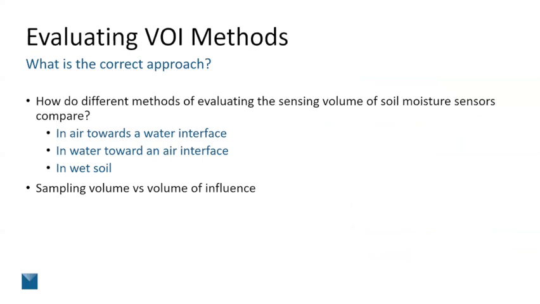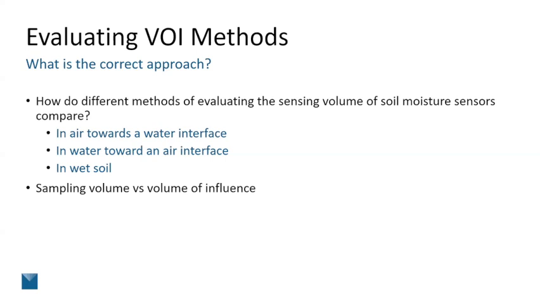We wanted to evaluate some of these different methods we use for measuring the volume of influence from sensors and try and come up with what's the correct approach. We also wanted to see how these different methods of evaluating sensor volume compare. In this talk, I'm referencing 3 different methods that we typically use for looking at sensing volume of sensors. The most common one is we have the sensor in air and we move it towards a water interface.